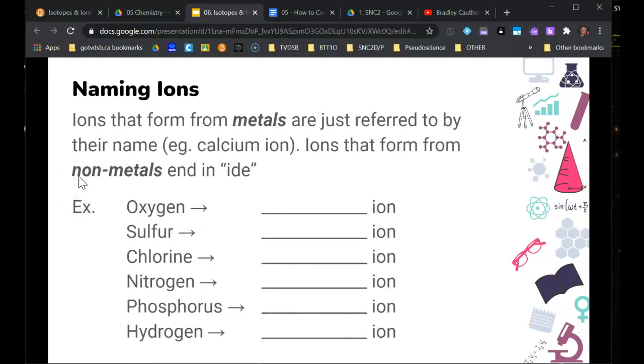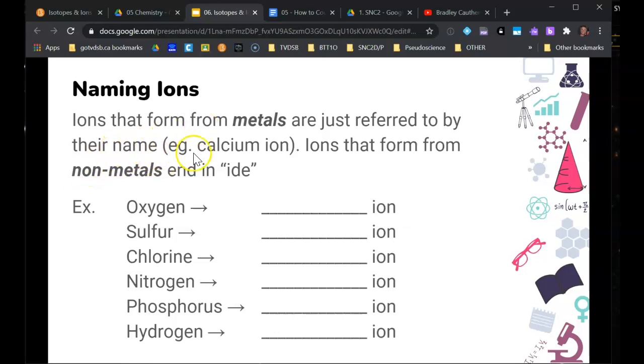Naming those ions, these ions actually have a name. So when an atom gains a charge, it changes its name slightly. For metals, so those elements that are on the left-hand side, metals are always going to lose electrons. And they are going to just simply be called by their name.